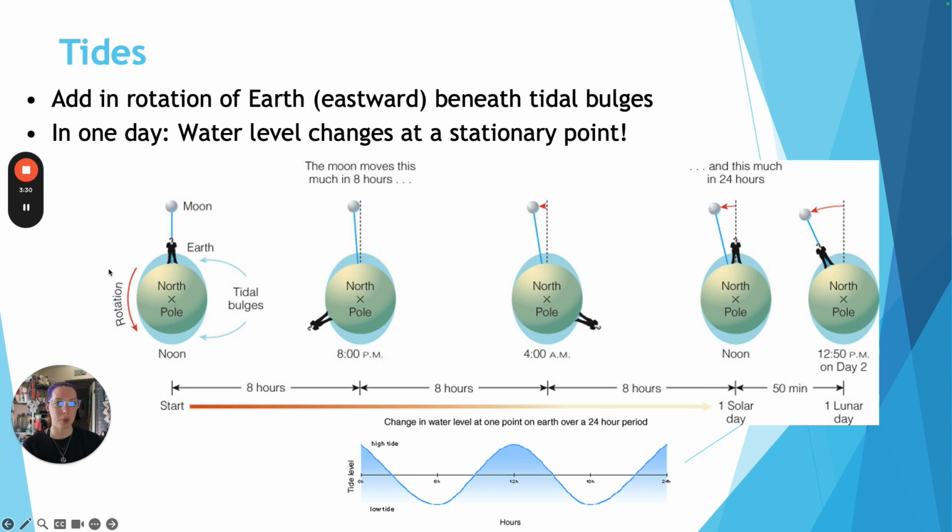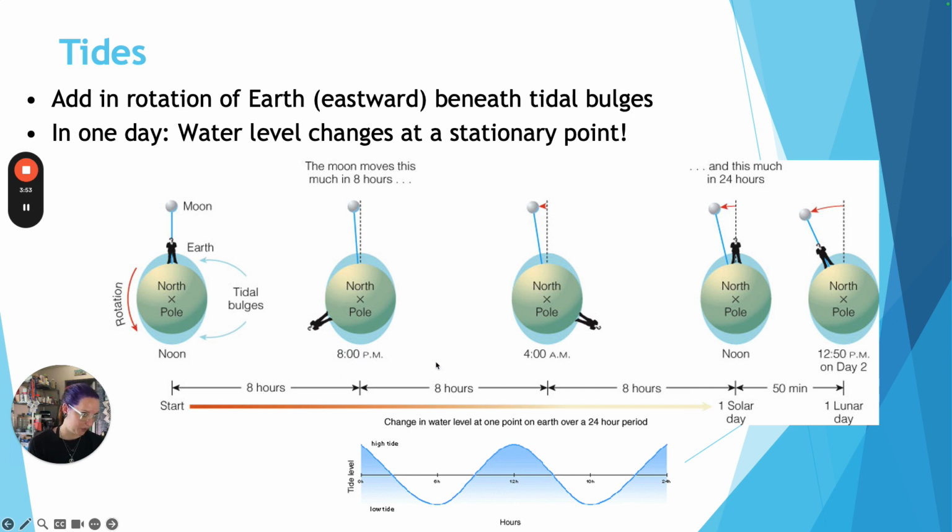So as this person makes an 8-hour turn, they go from being at high tide to being at low tide. We start at midnight, 8 hours later the person is here after that rotation, and we start at this high tide, and then about 8 hours later we're at this low tide space.